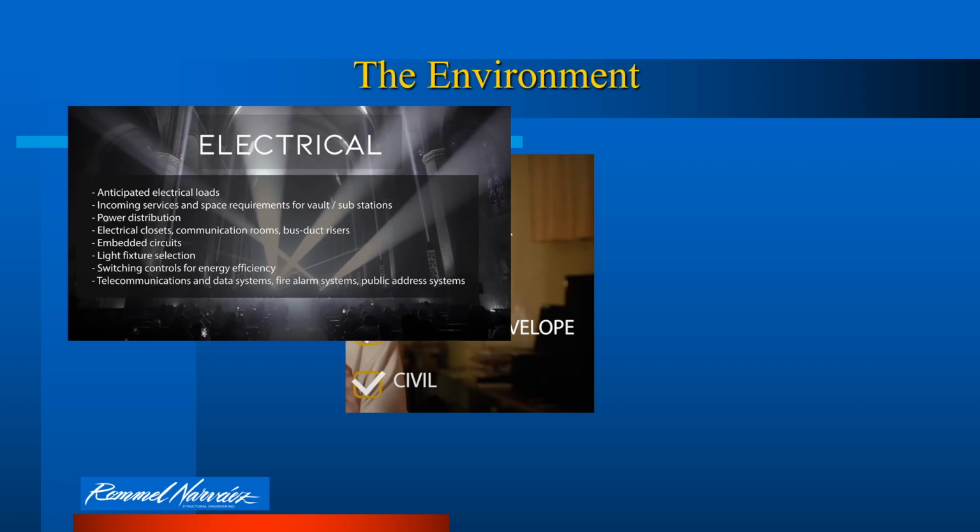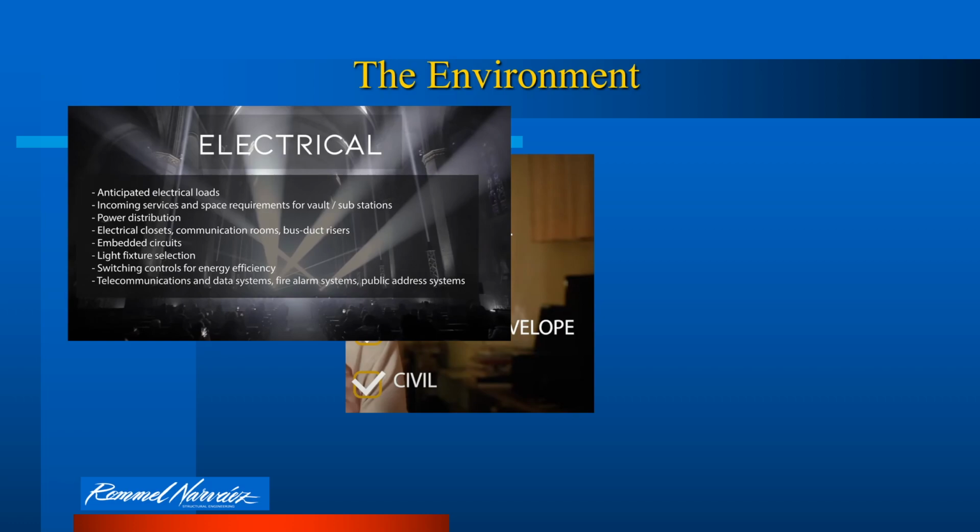They influence a lot of the building in terms of space. For example, the power distribution, there are points or sections or places where you put this stuff, and you need to know where this is. Electrical closets, communication rooms, embedded circuits, for example.